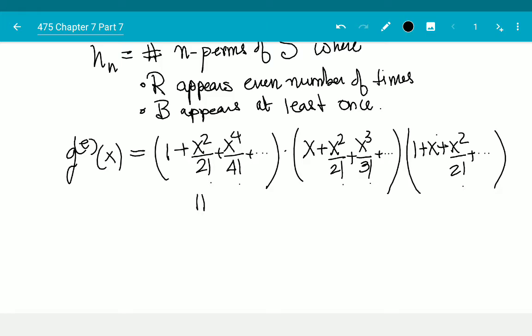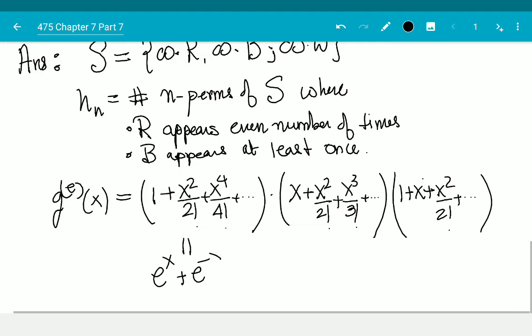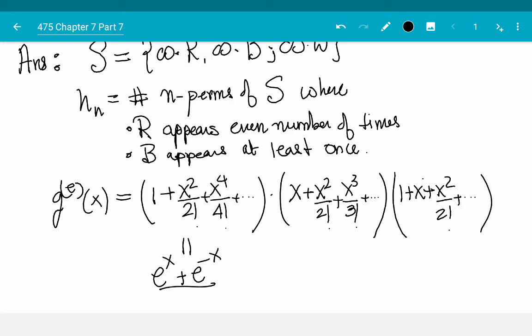This we have seen before is e to the x plus e to the minus x over 2.